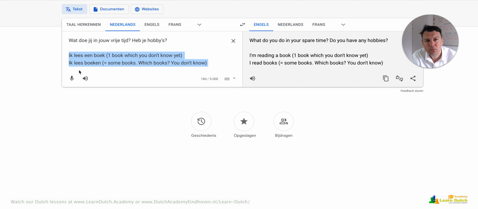Or I would say, ik lees boeken. If I would say, ik lees een boek, it sounds like I'm reading one book my whole life, because it's my hobby. Generally speaking, we read different books. So I would say, ik lees boeken.